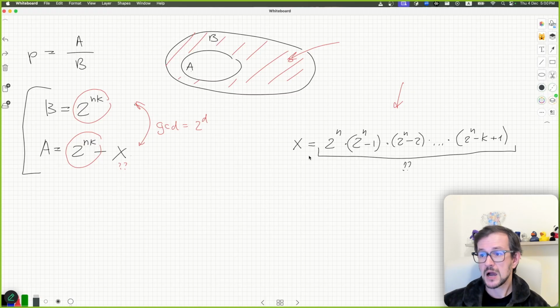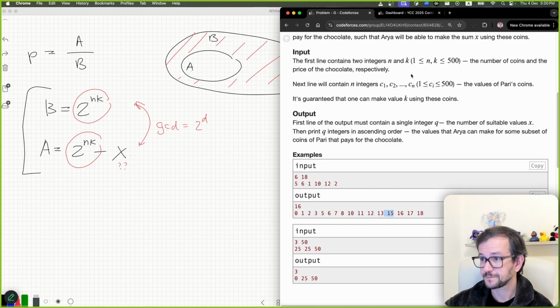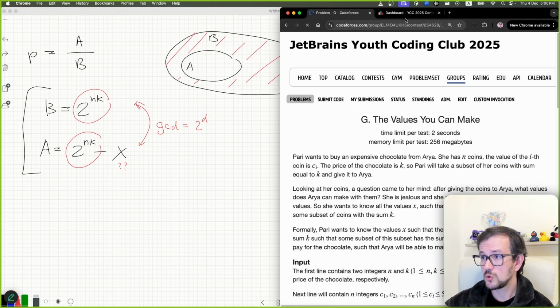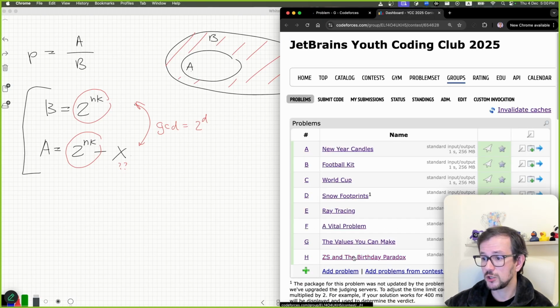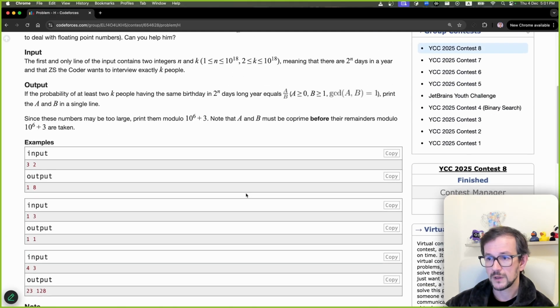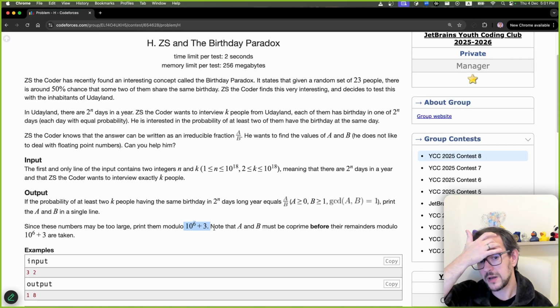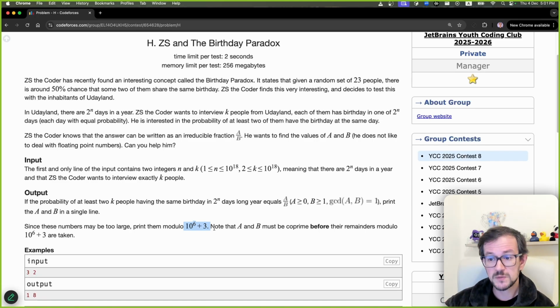Let's solve the first one. How will I calculate x? Now we need to look carefully at what we actually need to calculate. You can see that you don't actually need to calculate this number, but you need to calculate it modulo some small number. This is a strange modulo for this problem. Normally they would use some larger modulus, like 1,000,000,007. This is a pretty small modulus.